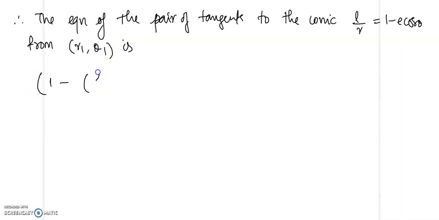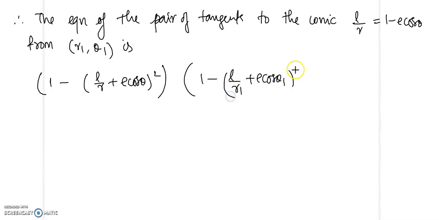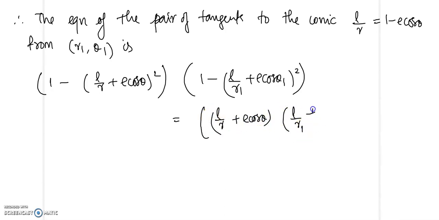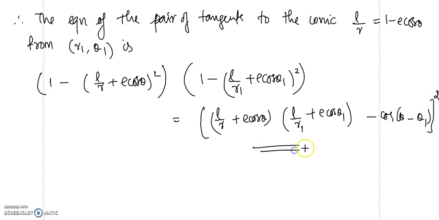So that is (1 − L/r + e cos θ)² into (1 − L/r1 + e cos θ1)² will be equal to (L/r + e cos θ)(L/r1 + e cos θ1 − cos(θ−θ1))². So this is the required equation of the pair of tangents to the conic from the point r1, θ1.